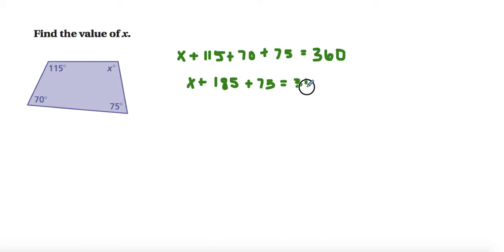I like to solve my problems step by step, so it helps me keep track of my work. Next, I'm going to bring down my X. I'm going to simplify 185 plus 75, which is 260. I'm going to bring down my equal sign and 360.